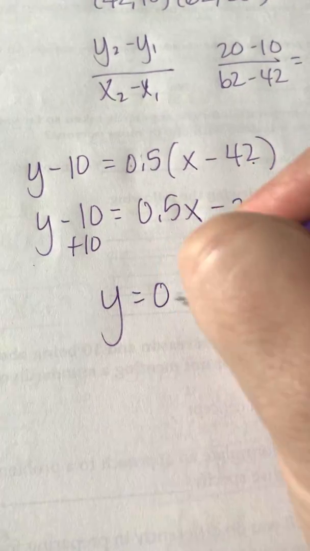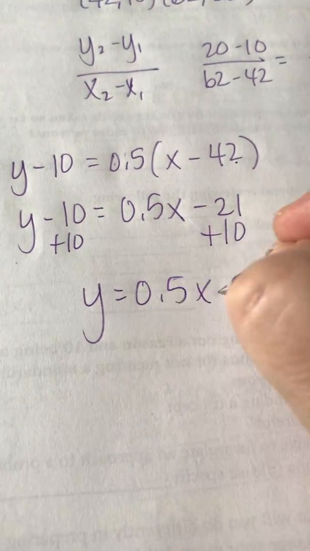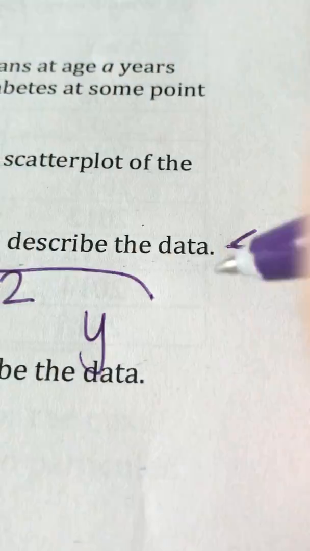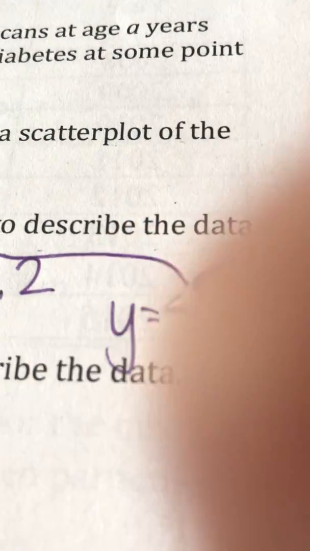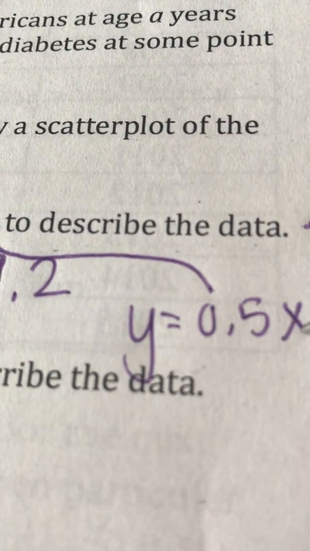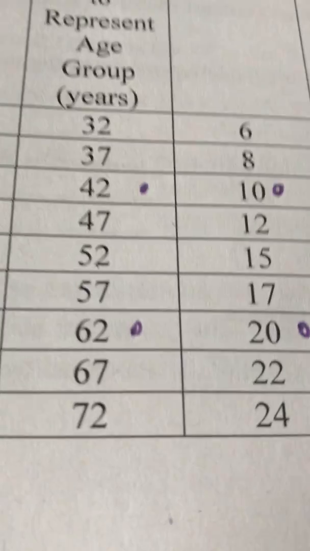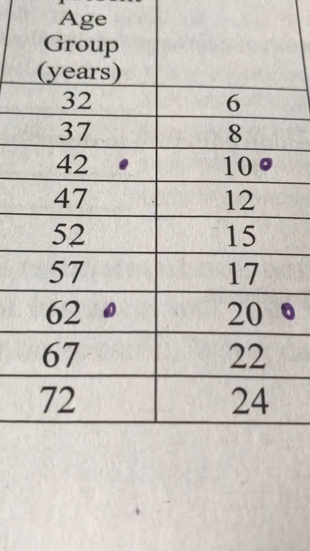Now I have y equals 0.5x minus 11. So the linear model is y equals 0.5x minus 11.